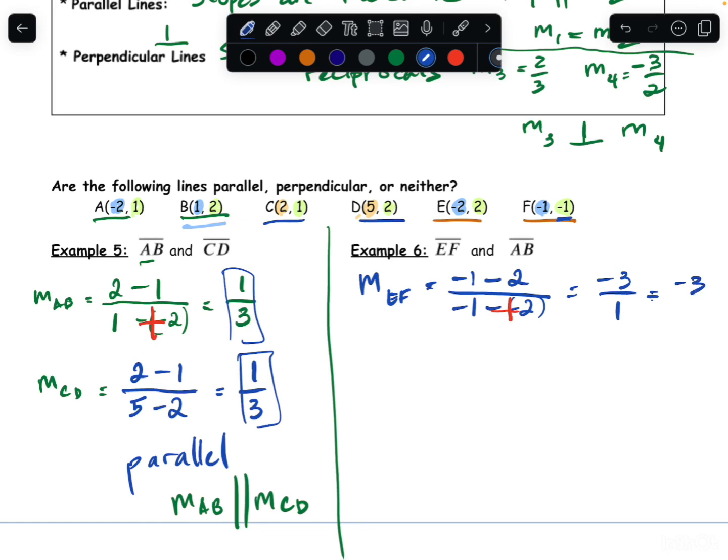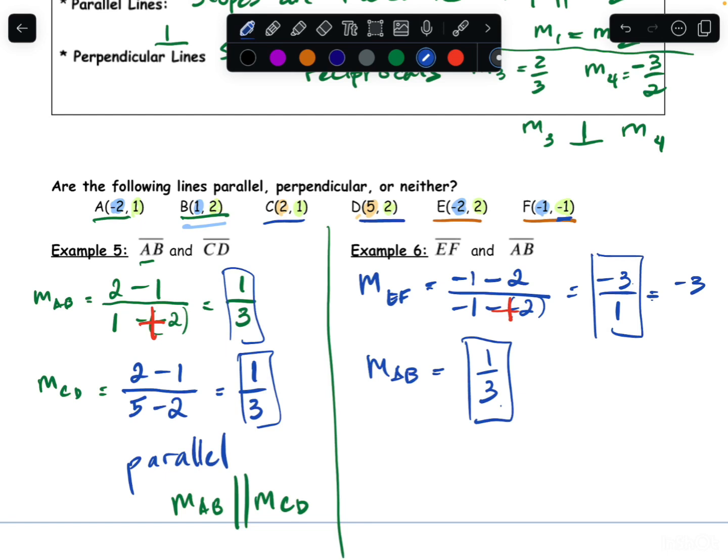Okay. And we did solve for the slope of AB already, and we know that's equal to 1/3. So let's compare these two. Notice that 1 is on top and 3 is on the bottom for line AB, and for the slope of EF, 3 is on top and 1 is on the bottom.